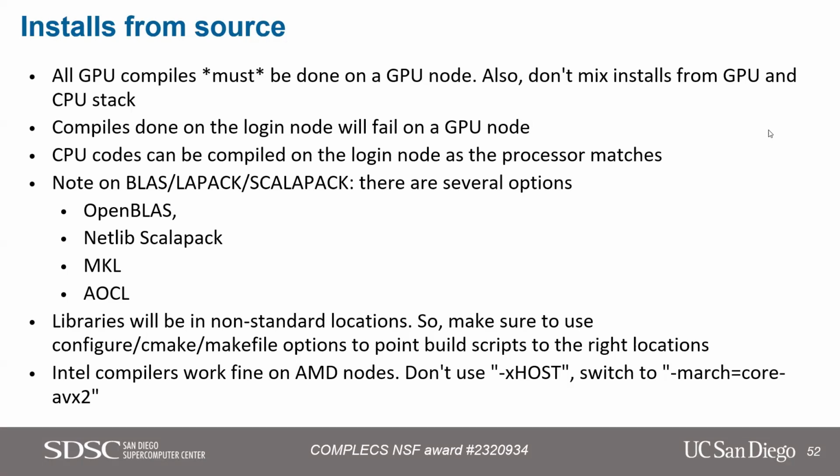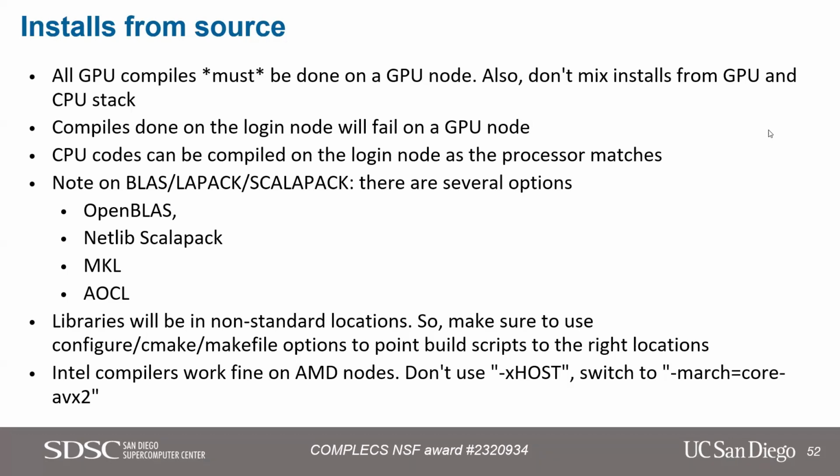If your application needs BLAS or LAPACK or ScaLAPACK, we also have a few options on Expanse. So you can build with those libraries from one of the resources I listed here, for example, OpenBLAS or MKL.